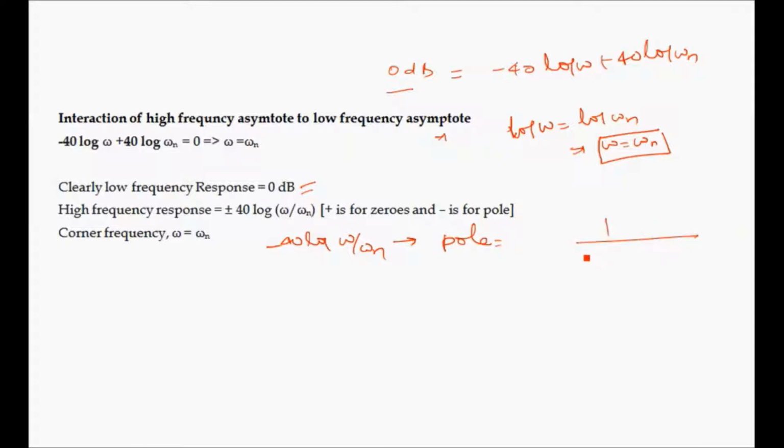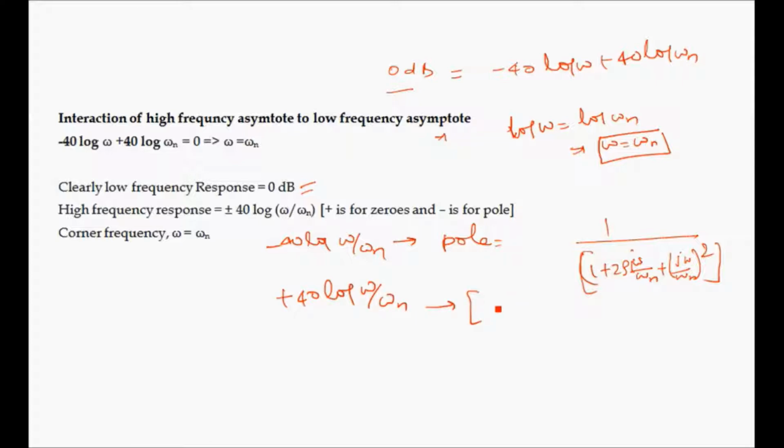That is, if the quadratic factor is a pole, in the form of 1 plus twice zeta j omega divided by omega n plus j omega divided by omega n, squared.